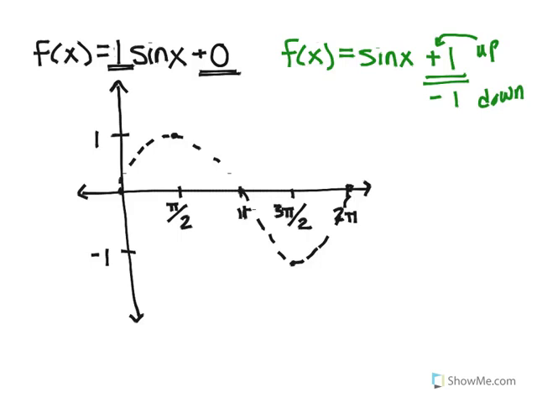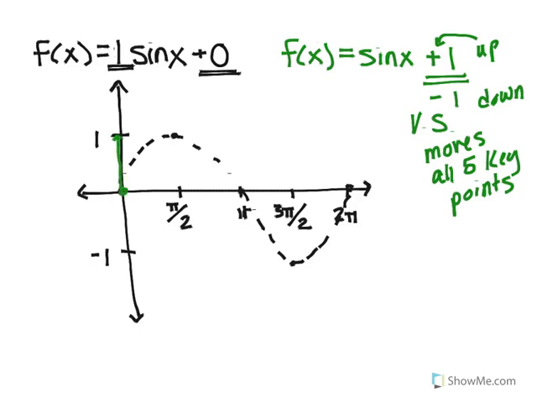Now, this vertical shift, which I abbreviate as VS, moves the entire function up and down. In other words, we're going to move every single one of our 5 key points up 1 unit. So the first one, all the way to the left, our origin point, we're going to move it up 1 unit right there. This point, our first positive peak, also needs to move up 1 unit, so I need to include a 2 on my y-axis and place that here instead.